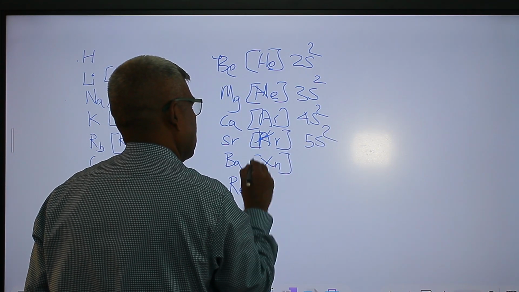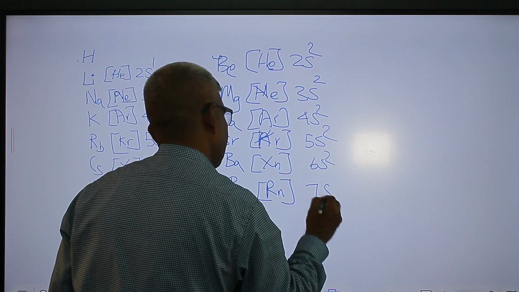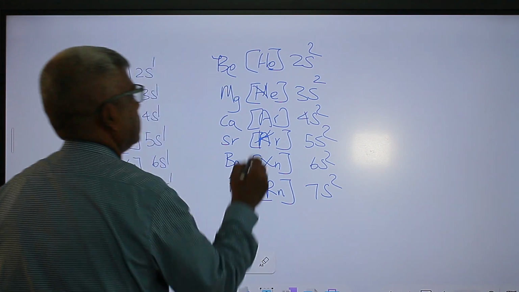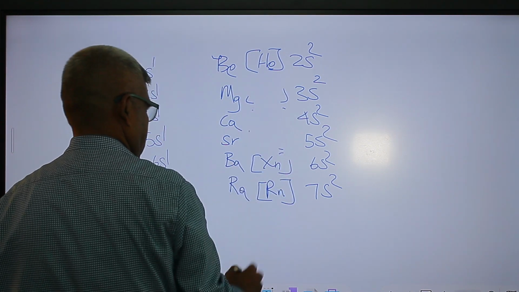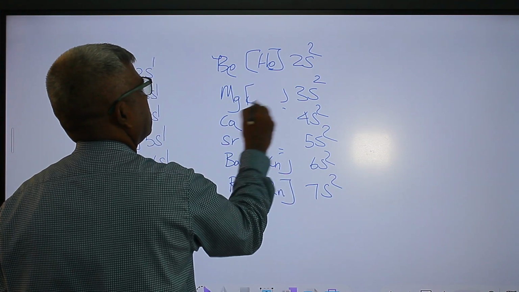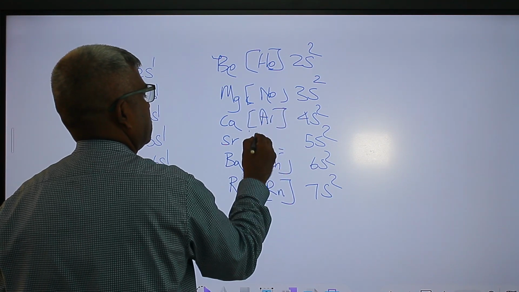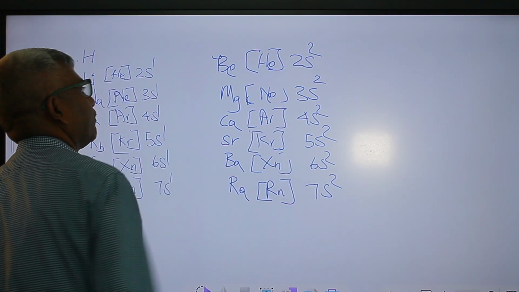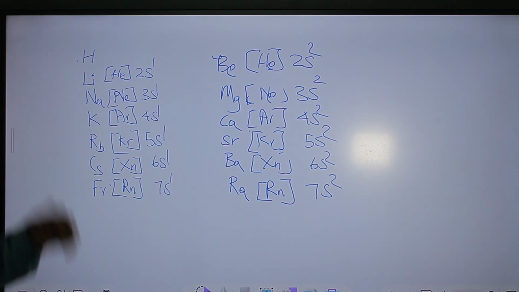Xenon, 6s2. Radon, 7s2. Copy down. Okay, we have studied the electronic configuration of zero group, 1A and 2A.